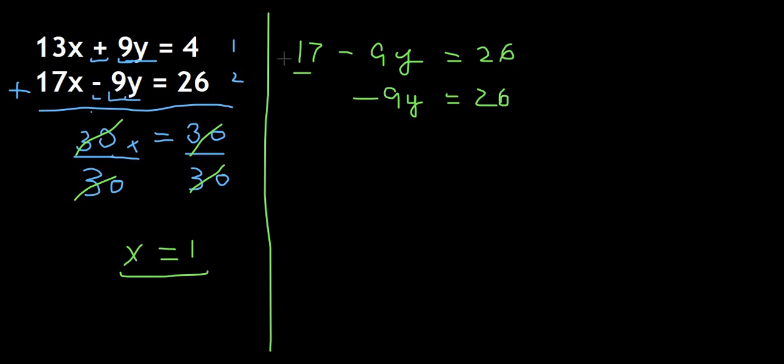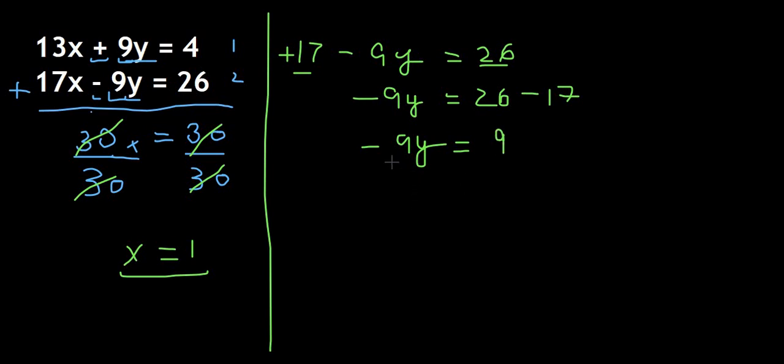And the positive 17 will be shifted towards 26, then its sign will change to minus. So 26 minus 17 equals minus 9y. So we have the answer 9.